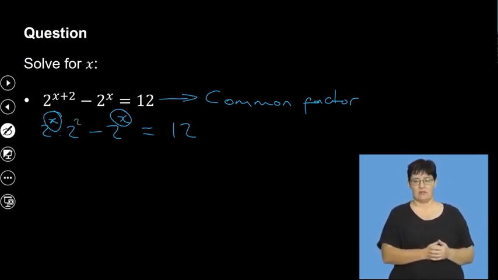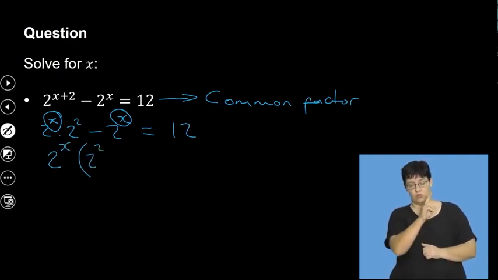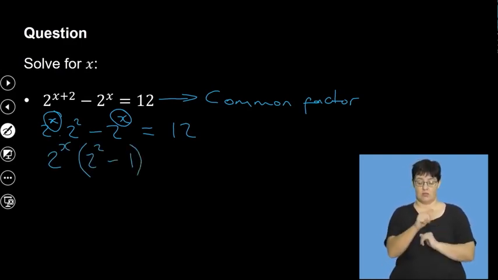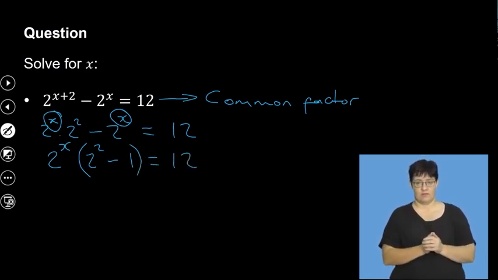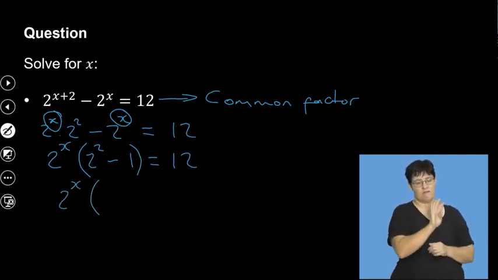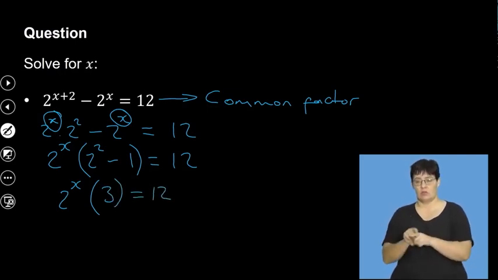I just forgot that 2. So if I take out a common factor, it will be 2 to the x into 2 squared minus 1, and this will be equal to 12. Then this will be 2 to the exponent of x into, in the brackets, 2 squared, that's 4, minus 1, that will be 3, and that's equal to 12.